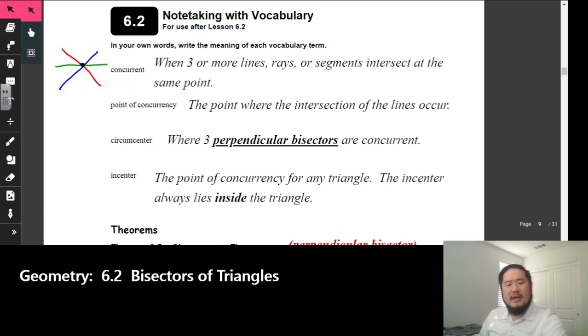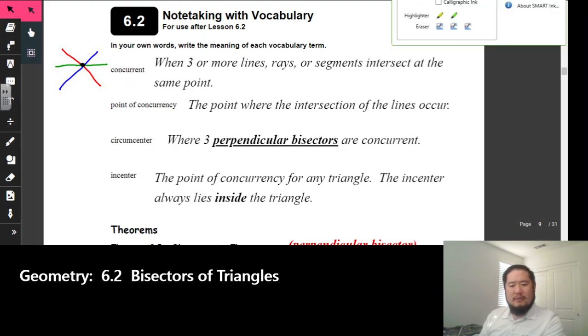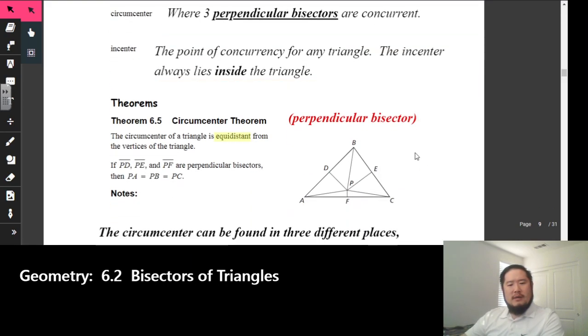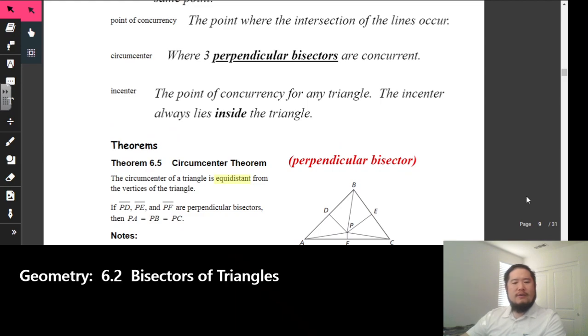The reason I highlight that is because the circumcenter can actually be in three different places in relation to a triangle, and we'll talk about that as we take a look at theorem 6.5 right now.